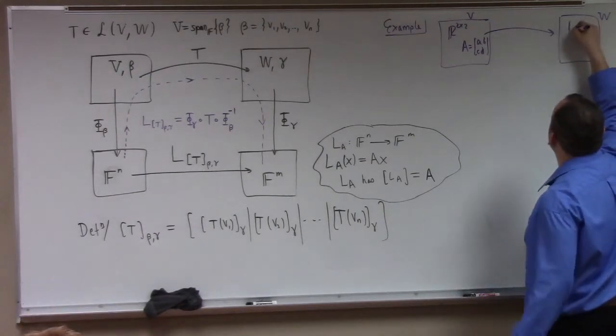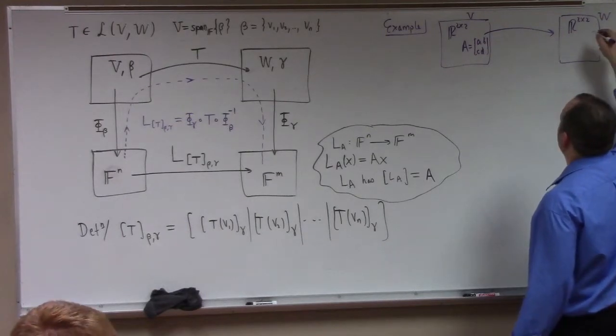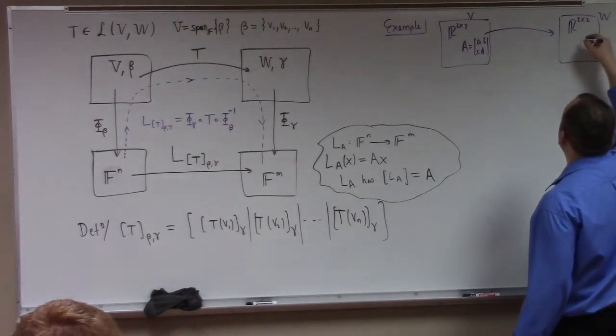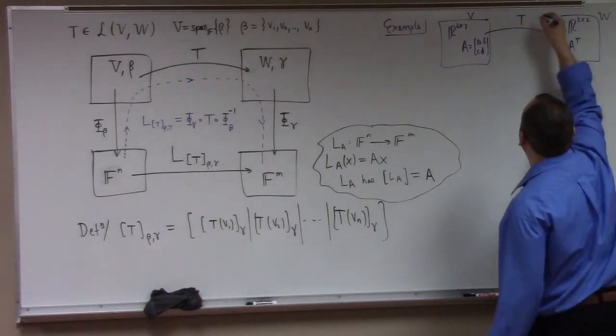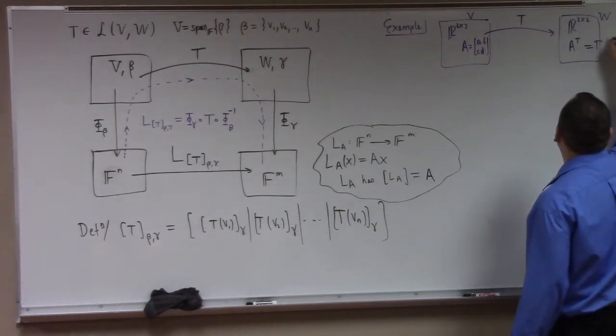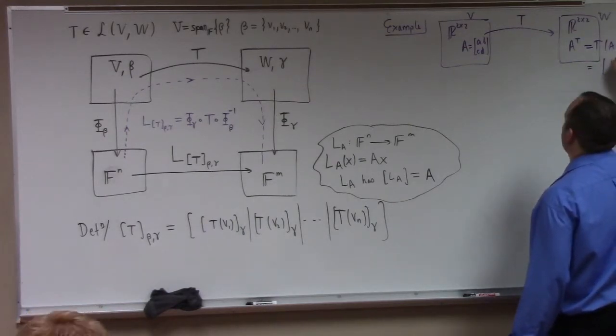You know what I'm going to do? I'm going to go to R 2 by 2 again because it's more fun that way. And it's going to be A transpose is the map. So T of A is A, C, B, D, right?